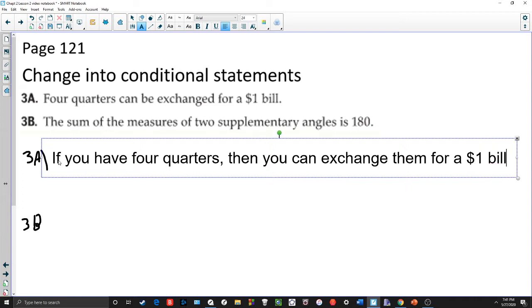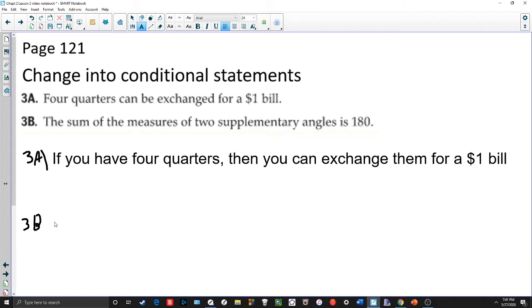That would be a conditional statement. The hypothesis is you have 4 quarters, then the conclusion is you can exchange them for a $1 bill. That's how you would change that into a conditional. You just split it into two statements. 4 quarters is your first, exchange for a $1 bill is your second, and just put it in if-then.